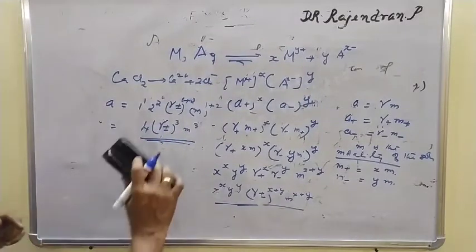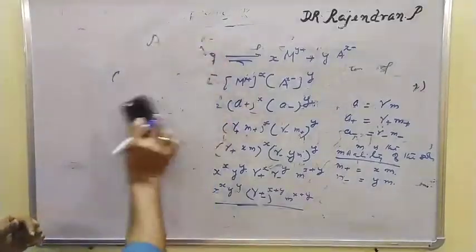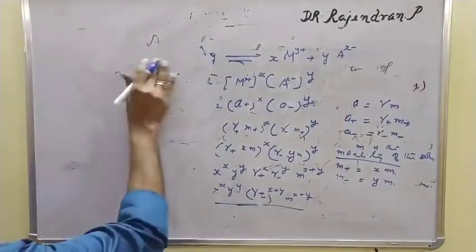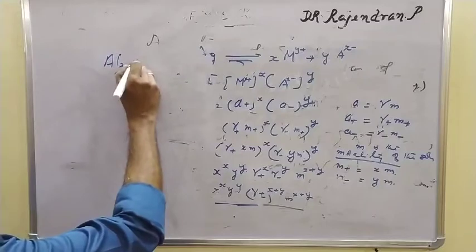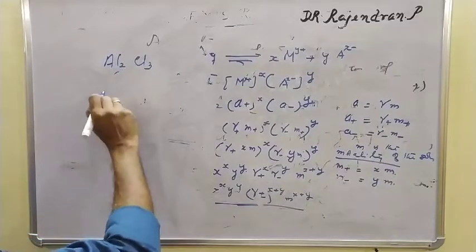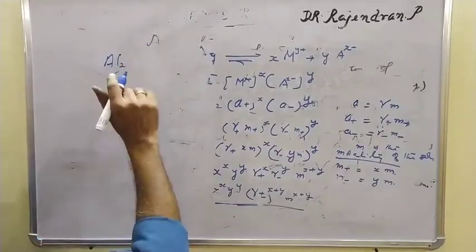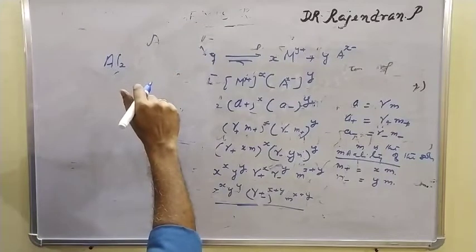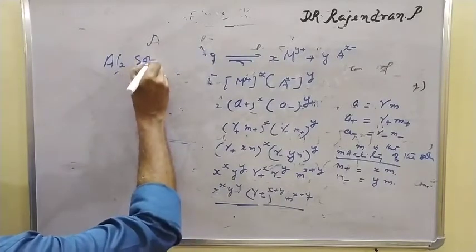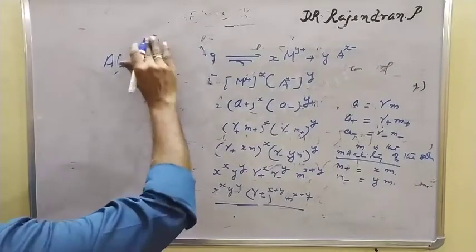So lastly, I want to discuss the trivalent case, like aluminum sulfate, Al2(SO4)3.